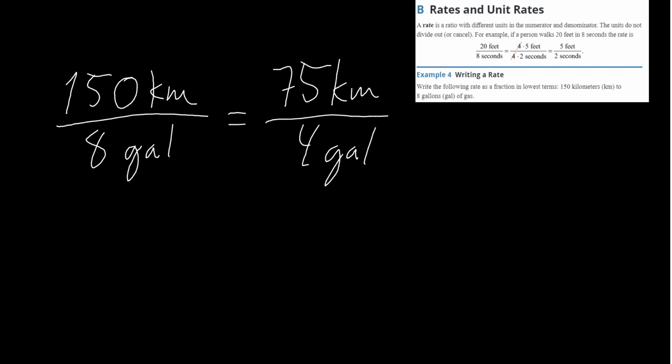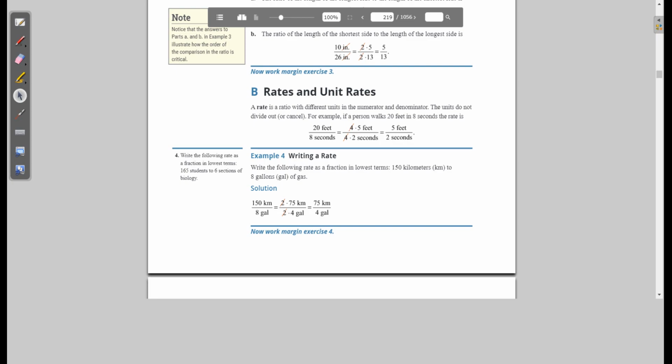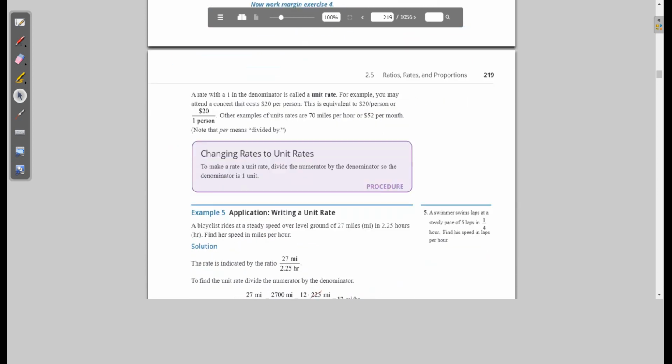And I don't think that reduces any further. But again, this is just basically the same thing as what we did on the first 3 examples, except now I'm writing whatever the unit is. In this particular case, it was kilometers per gallon, which is kind of weird because it's metric over imperial, but that's just the way it is.